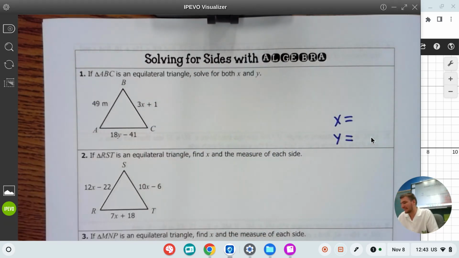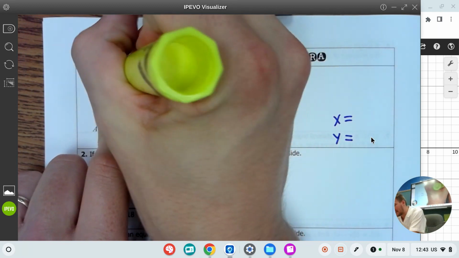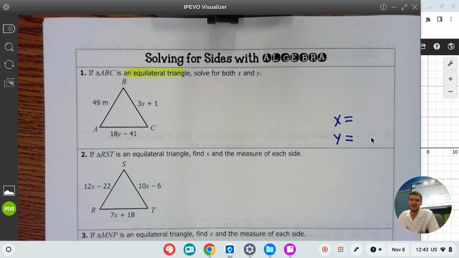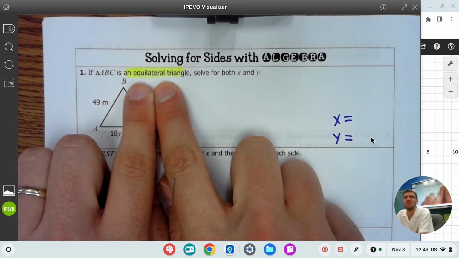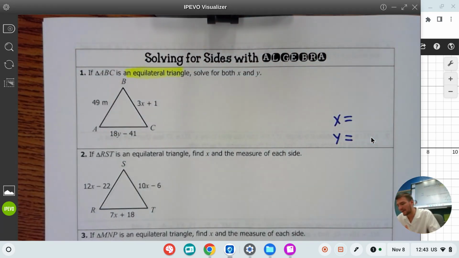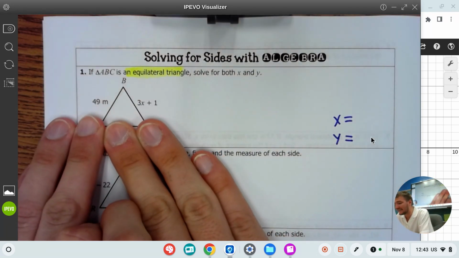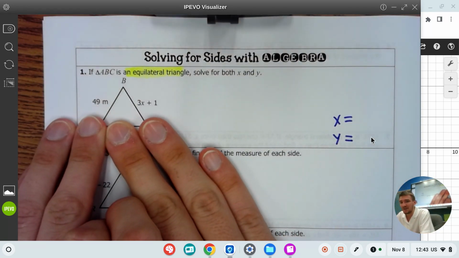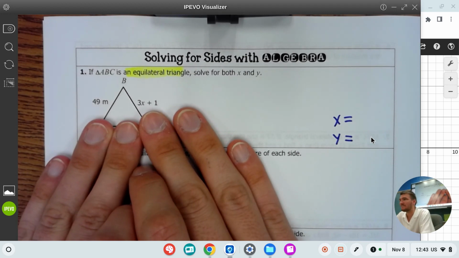And really the key to the whole question, and really the key to the whole paper, is the vocab that we've learned, equilateral. What does equilateral mean? Equilateral triangles have all the same sides, and if all the sides are the same, if the left side is equal to 49, what's the right side going to be equal to? 49.